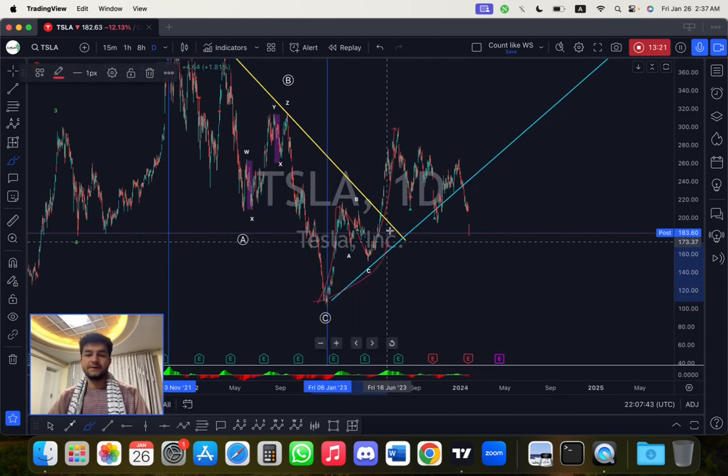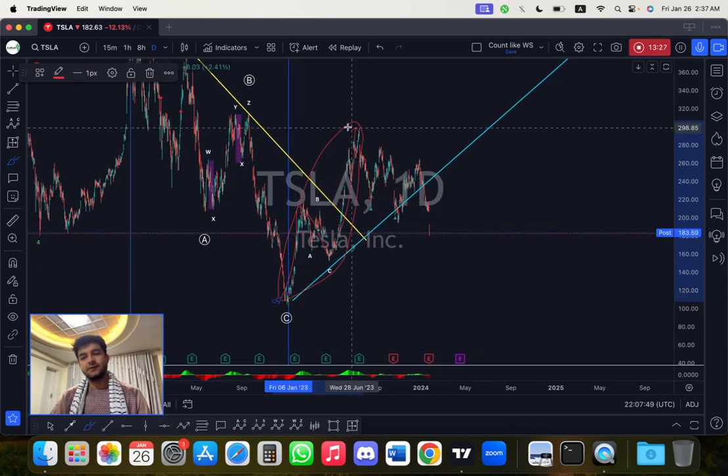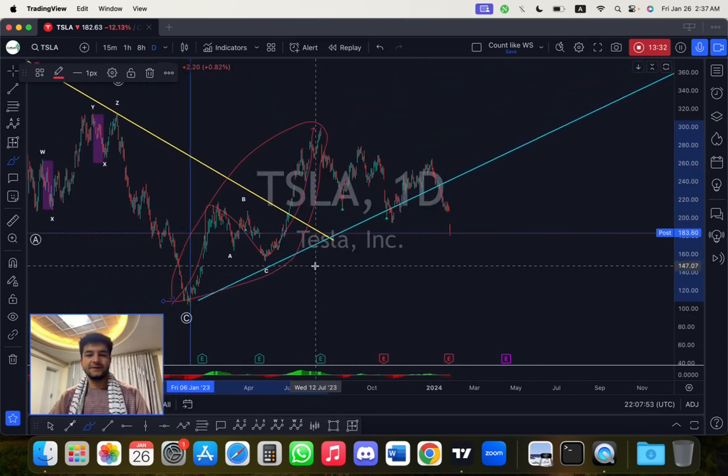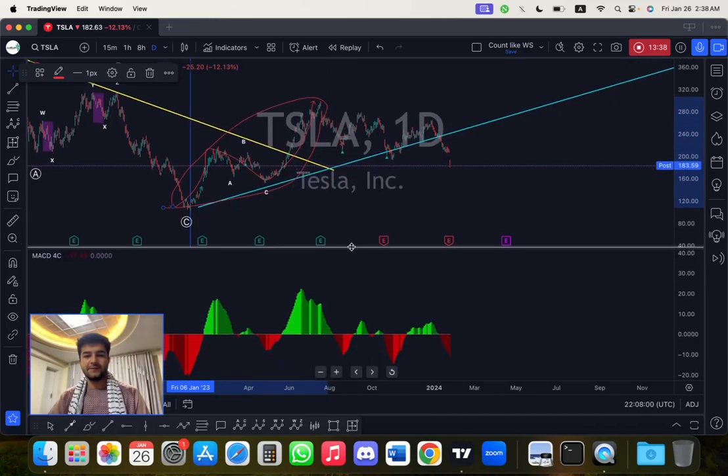If this impulse to the upside is a 1, 2, 3, then what do we have here? I believe by now it's much easier for you. Let's look at the MACD.